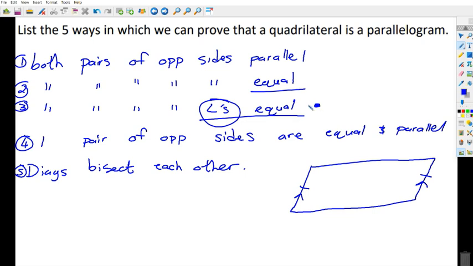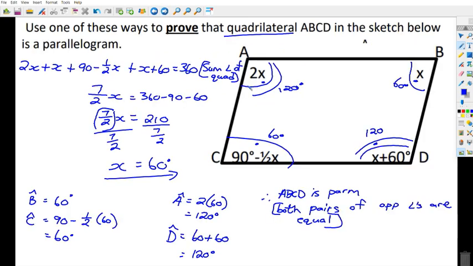So I have to prove that both pairs of opposite angles are equal. And how do I do that? I go find x, and I substitute what x is, and I can find those angles, and then we can see that the opposite ones are equal, therefore it's a parallelogram. Okay, I hope that's making sense, guys.